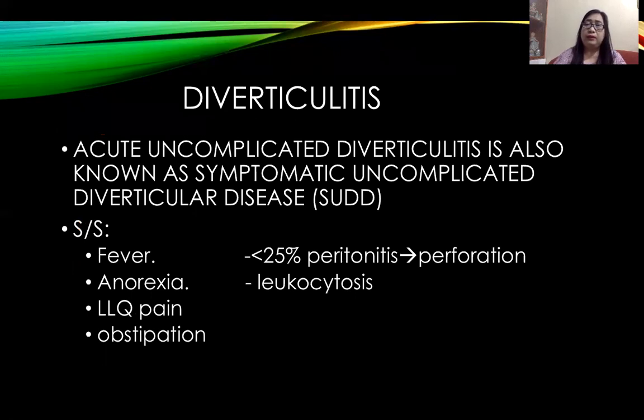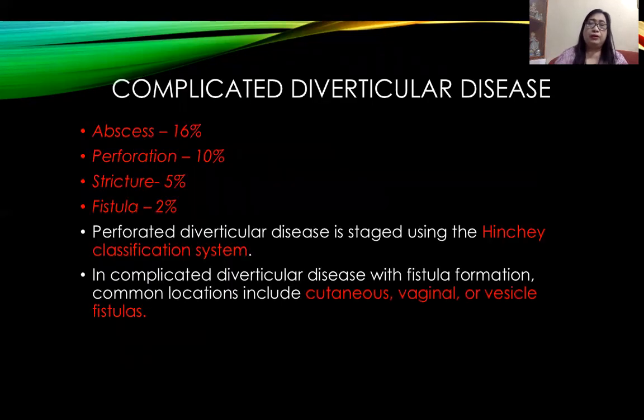Acute uncomplicated diverticulitis is also known as symptomatic uncomplicated diverticular disease. These are the symptoms: patients may develop fever, cannot eat, there is left lower quadrant pain, and the patient cannot move their bowels. Less than 25% of patients with peritonitis may progress to perforation. For complicated diverticular disease, around 16% may develop abscess formation, perforation in 10%, stricturing in 5%, and only 2% may develop fistula.